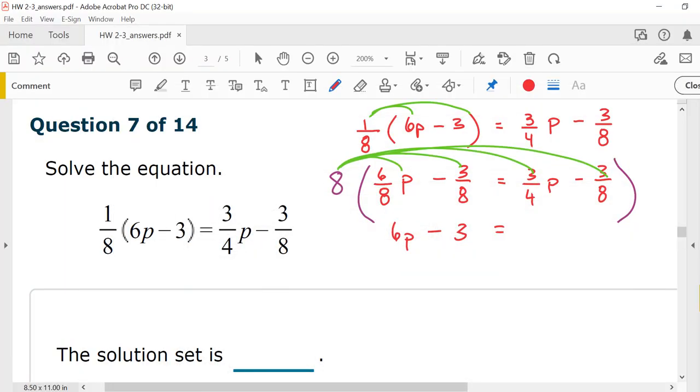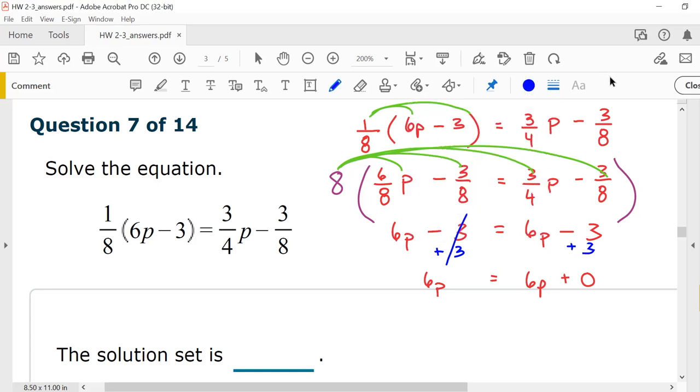So I get 6p. 8 times negative 3/8 is minus 3. All right, if I add 3 to both sides, I get 6p equals 6p plus 0.